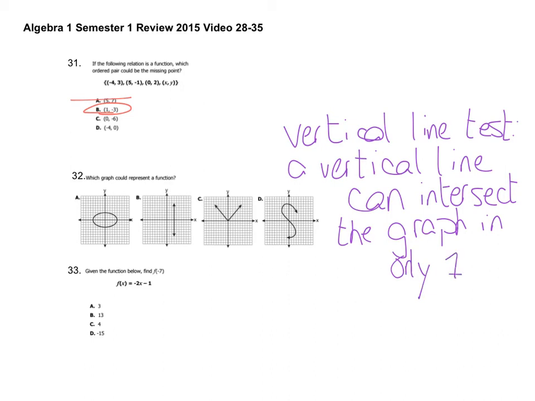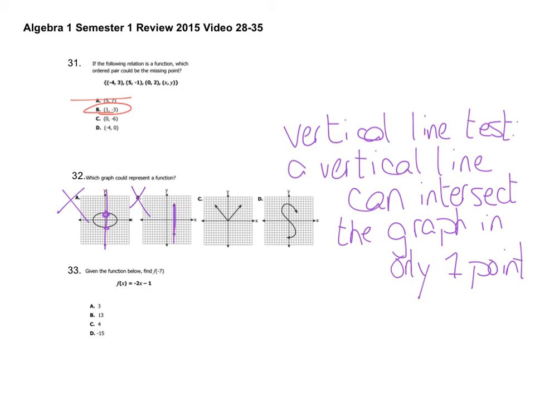Only. Okay, so does this first one pass the vertical line test? No, that x value has more than one y value, not a function. What about a vertical line? Remember, a vertical line fails its own test. This x value right here has lots and lots of y values. So a vertical line is not a function.